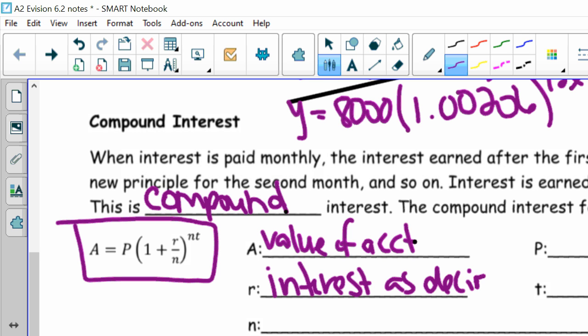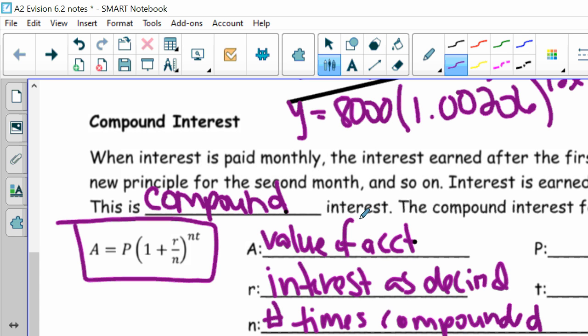Remember, we always change it to a decimal. n is the number of times it's compounded. P is the initial investment or initial principal. That's how much you put in to start out with. t is your time in years.